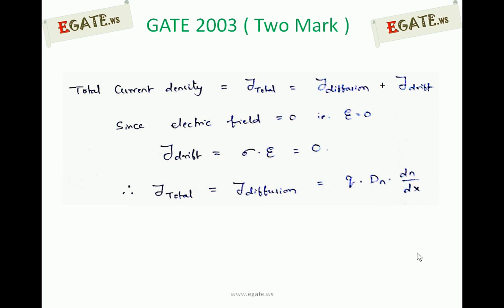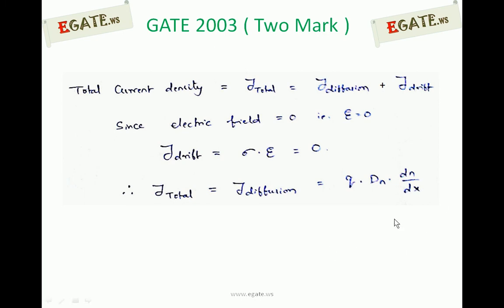Diffusion current density depends on the concentration gradient, whereas drift current density depends on the potential gradient, that is, the applied electric field. It is given that there is no electric field, so the electric field is 0. Whenever there is no electric field there is no drift current density, so J drift is equal to 0. So now the total current density is nothing but the diffusion current density.